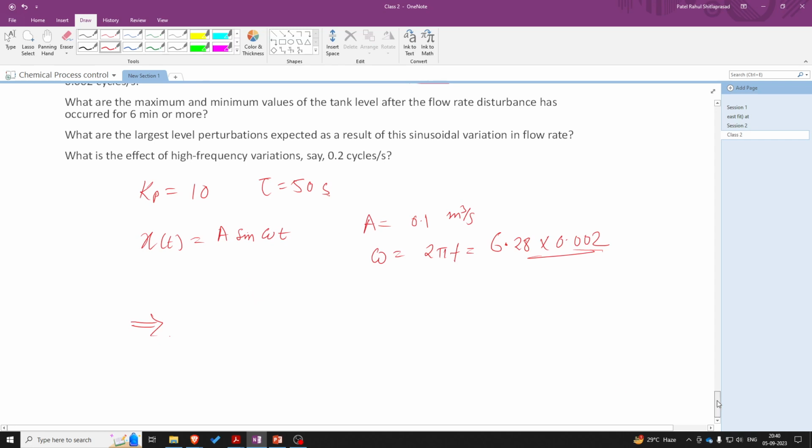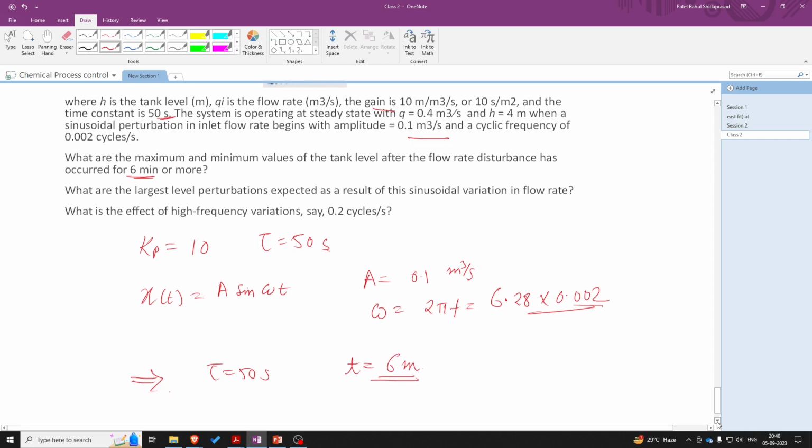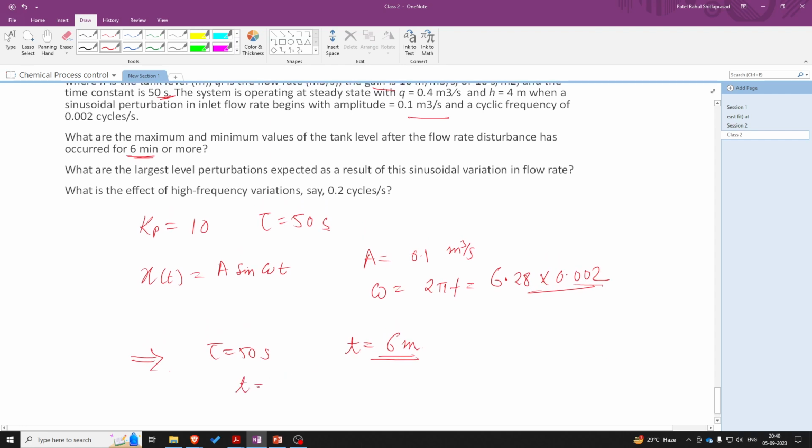So over here we can see that the time constant of the system is 50 seconds, that is tau is equal to 50 seconds, whereas we have been asked to find the response at a time of 6 minutes. And we studied that at a time of 5 tau the system will reach a steady state, that is in this case at 250 seconds the system will reach the steady state, whereas in the question we have been asked to find the response at 6 minutes.